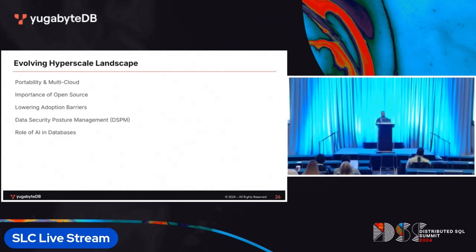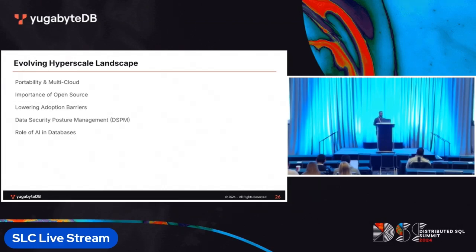I talked a little bit about lowering barriers. I'll just reemphasize that. Barriers to adoption, especially at hyperscale. As we hyperscale, data sets become more complex. The infrastructure becomes more complex. So lowering the barriers to entry to that through automation, and other, and I'll get into AI at the end, but lowering the barriers to adopting hyperscale and managing it are going to be super important.